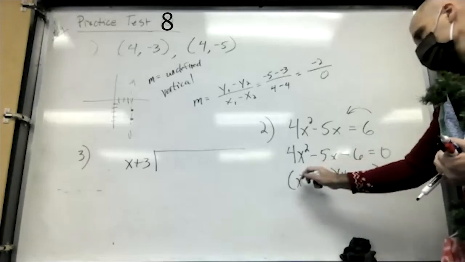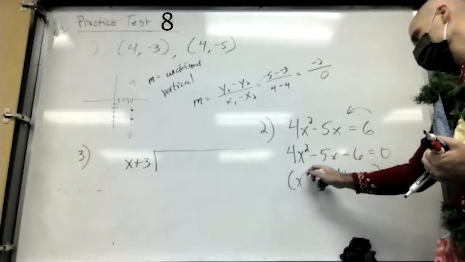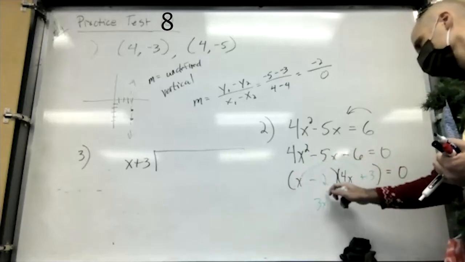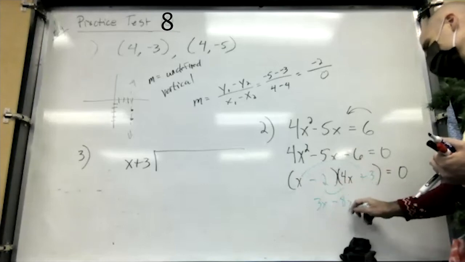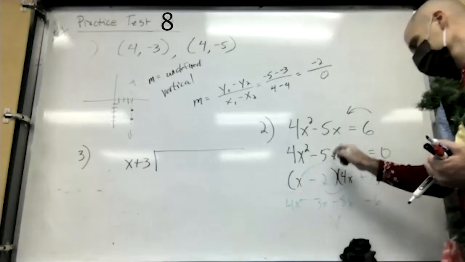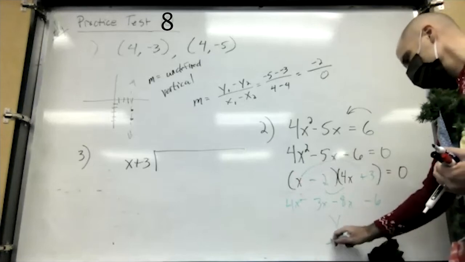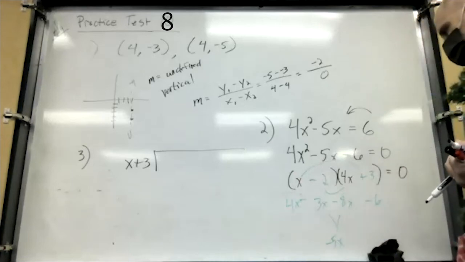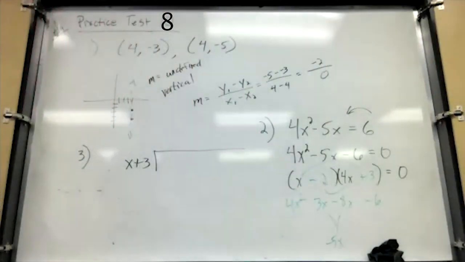Because look what happens. You get 4x squared, which you already knew, but then you get 3x and a negative 8x. What does that combine to? Negative 5x. Very good. Okay. There's another Saxon method.